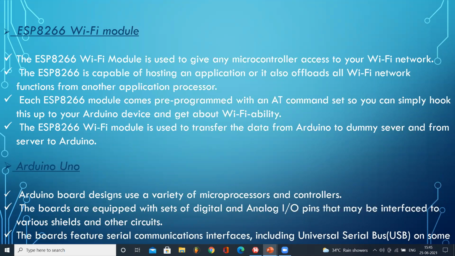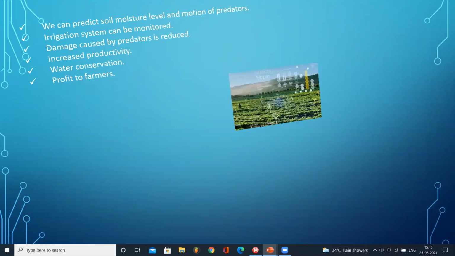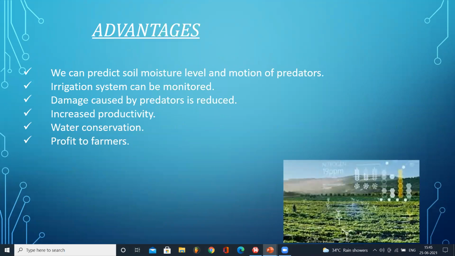Please move on to the next slide. We have some advantages and disadvantages of the smart plant monitoring system. The advantages are: number one, we can predict soil moisture level and monitor the broadcast.